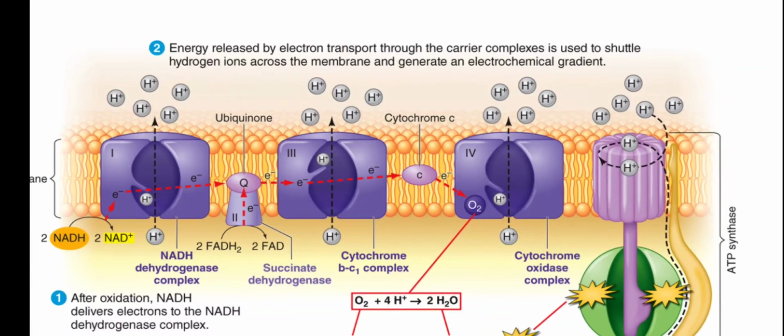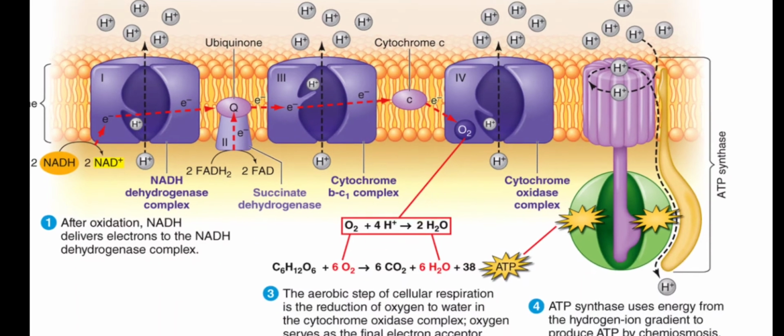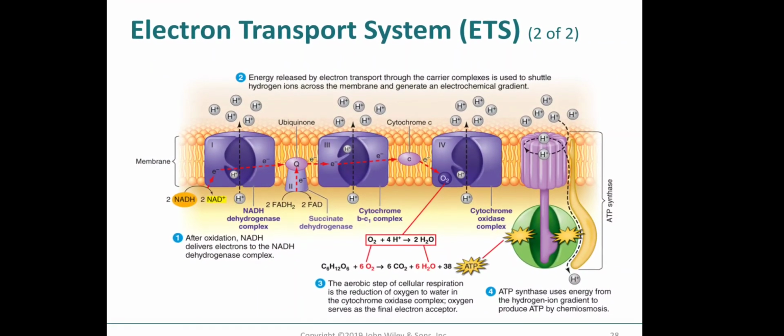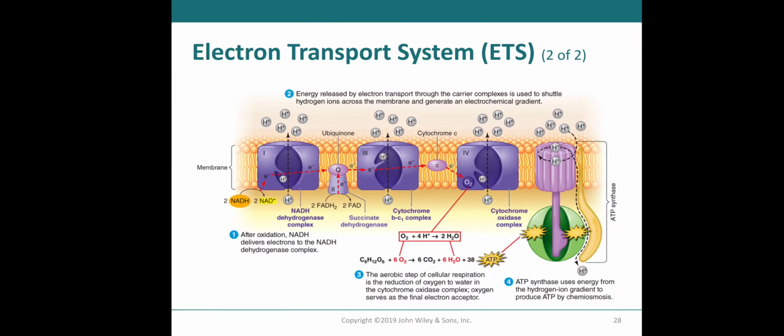Unlike substrate level phosphorylation, where you have a direct transfer of phosphate from a high energy molecule like phosphoenolpyruvate to ADP to form ATP, so that's basically 1:1, here is a more indirect formation of ATP. You first generate an electron gradient, and that gradient must first be established, and then it will power this machine to mass produce your ATP. So basically, that's your oxidative phosphorylation through the electron transport chain, or the electron transport system.